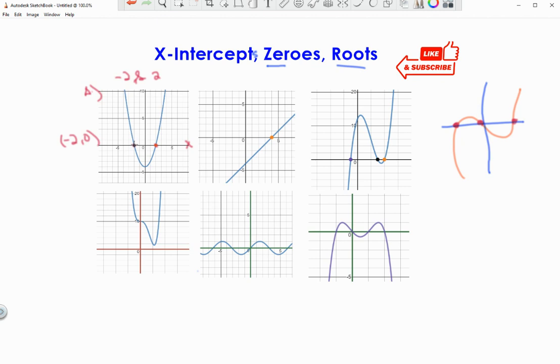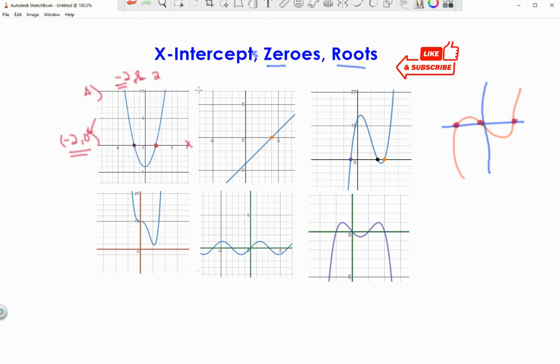So meaning that point right there, the coordinates are -2 comma 0. So they could be asking you for the actual point coordinates or just the value of x, depending on the question. Okay. And also for this one, that will be 2 comma 0. So you can see the x-intercepts, because they are on the x-axis, the y coordinate will always be equal to 0. Okay, so let's move on to the second graph.